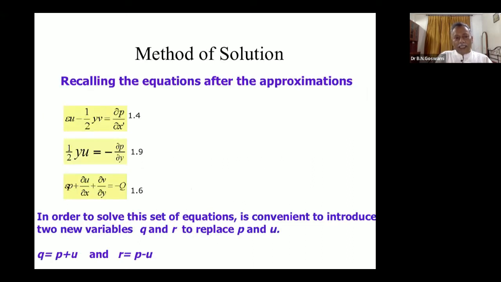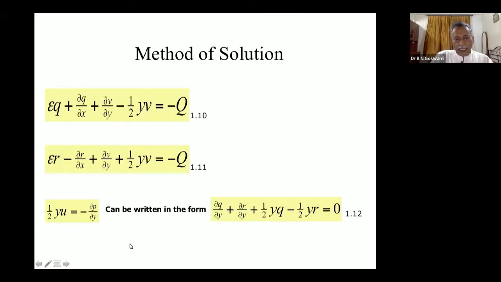So with that, we now have this set of equations. Now I can solve this set by some variable transformation. You can do it without it, but it helps in solving them a little easier.